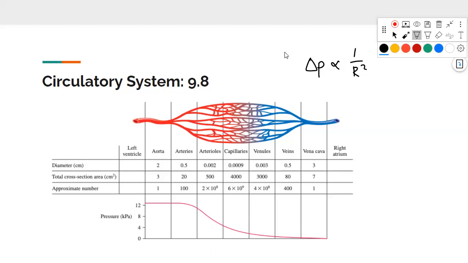But as you can see, the body can handle this because while there's only one aorta, there are billions of capillaries. So the blood is just split into all different directions. And due to capillary action, you don't need very much pressure to continuously move blood through these small pipes. And then once we get into the veins, you can see the pressure has almost dropped to 0.